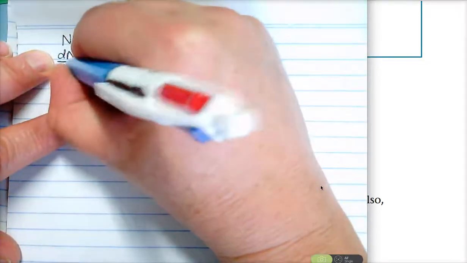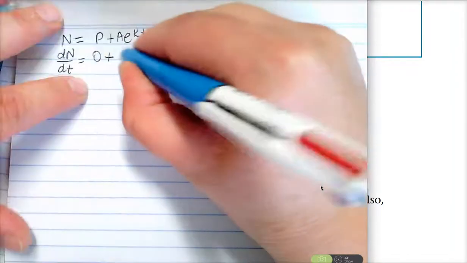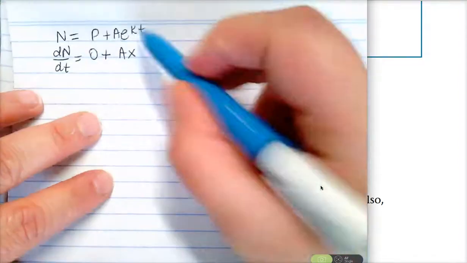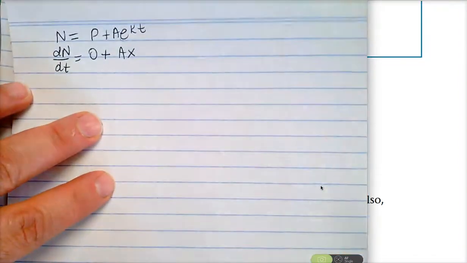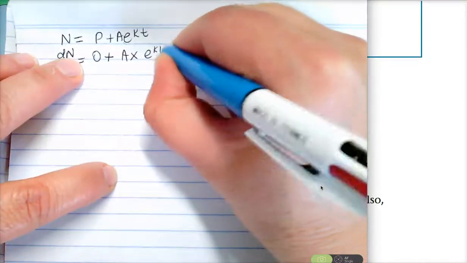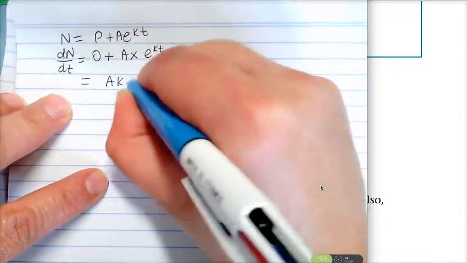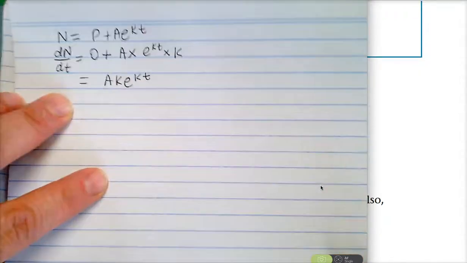dn/dt: p differentiates to 0, plus a times the derivative of e to the kt. That's like differentiating e to the 2t. What do you get? e to the kt times k, which is a k e to the kt.